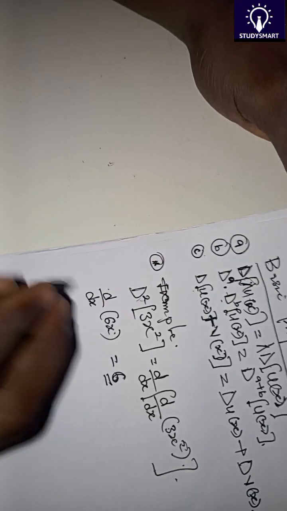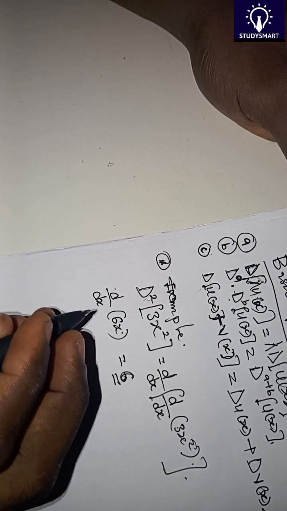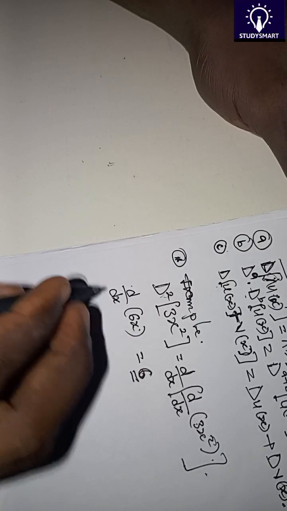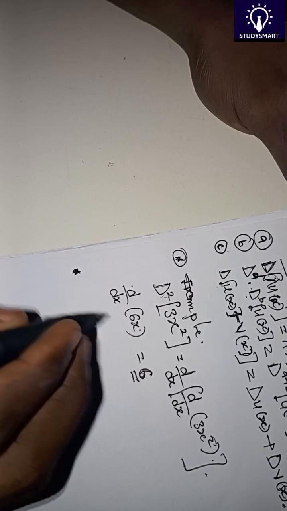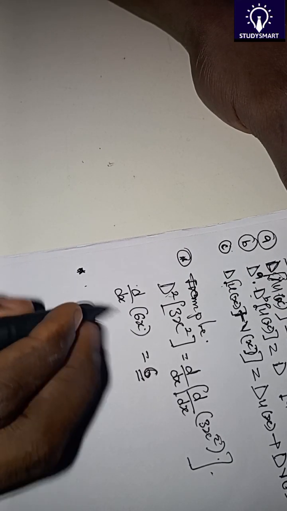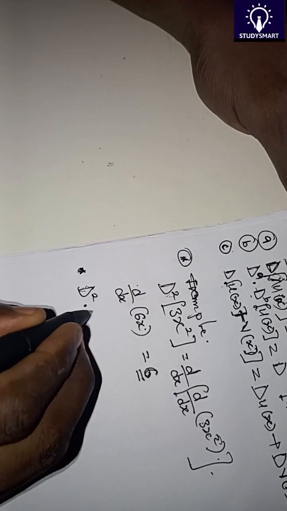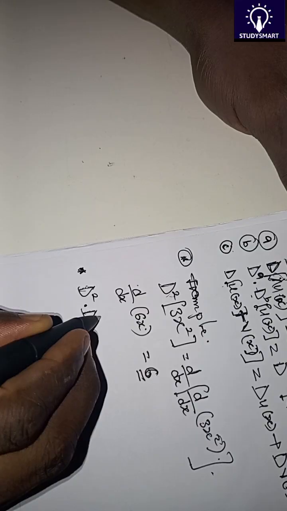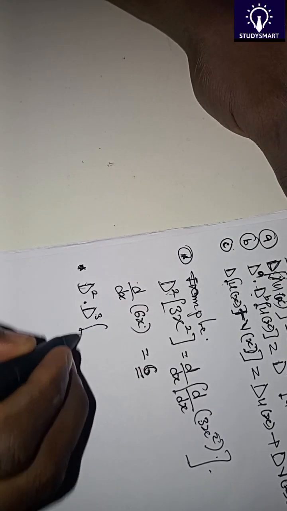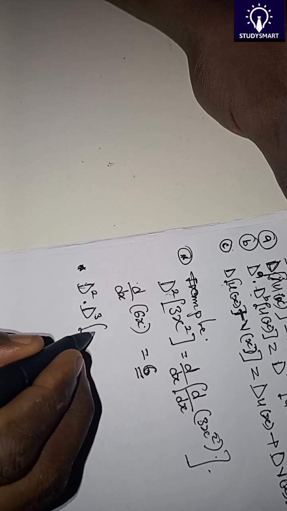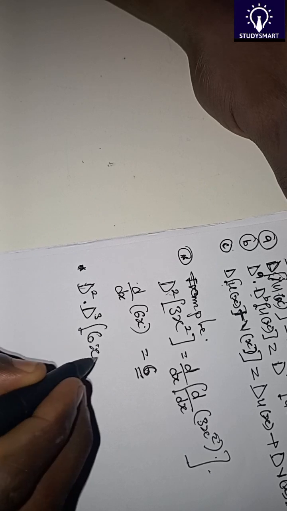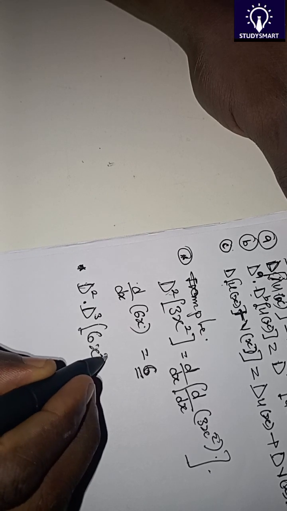Alright, so second example, if I have, let me see, if I have d squared times d to power 3 of the function 6x to power 2, or maybe to power 3.